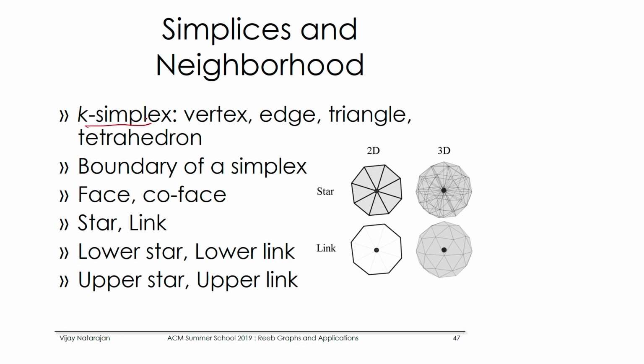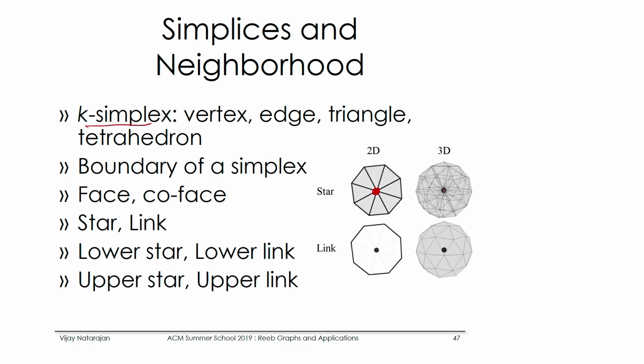Now with that, let me talk about what is a neighborhood. If I take a point in 2D, I focus only on vertices. Take a vertex in 2D. I have two ways to talk about neighborhoods. One is called the star. The star is all edges and triangles and tetrahedra that contain me. So that's my neighborhood.